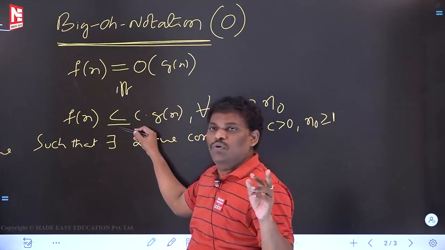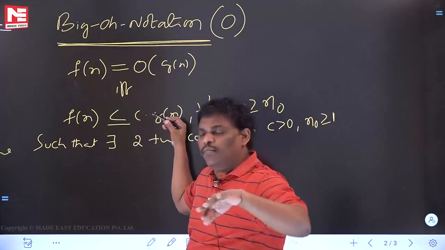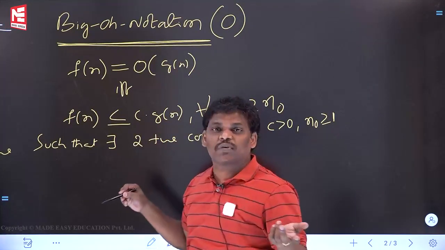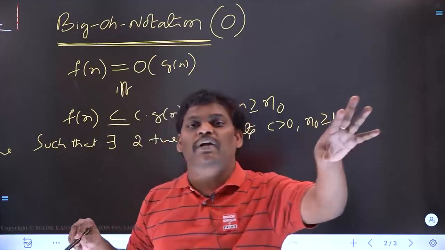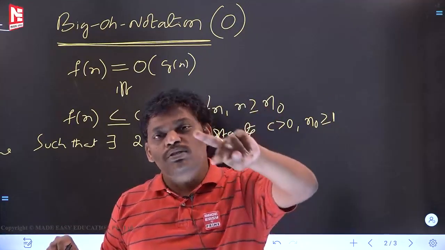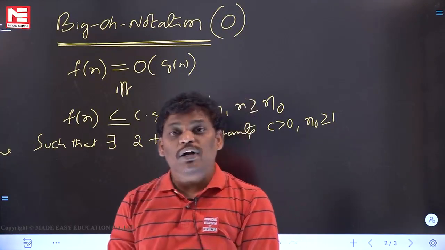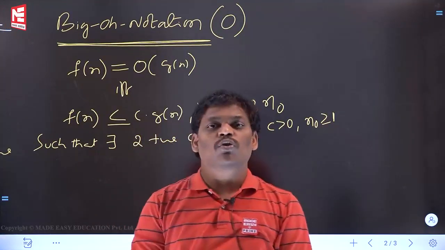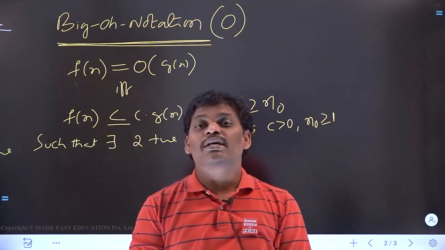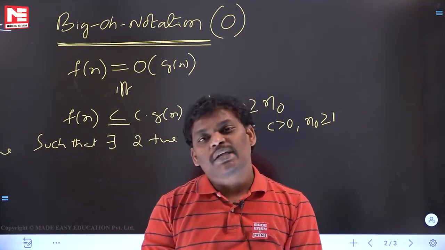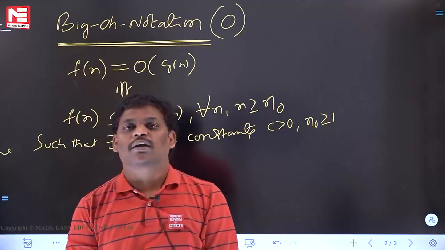Big O is less than or equal to, omega is greater than or equal to, and theta is when both are satisfied.